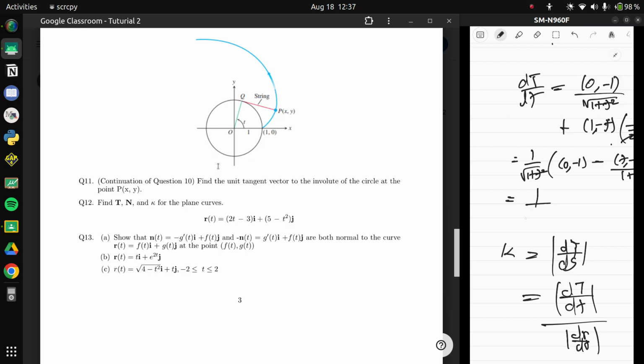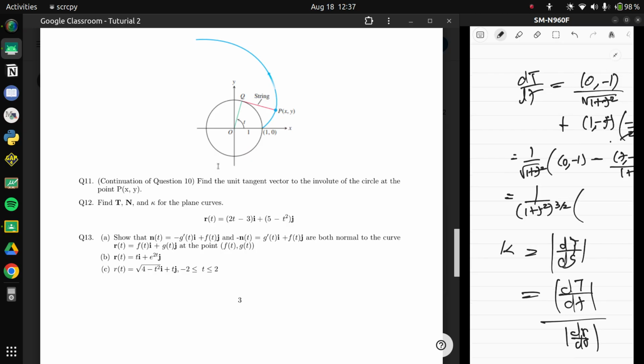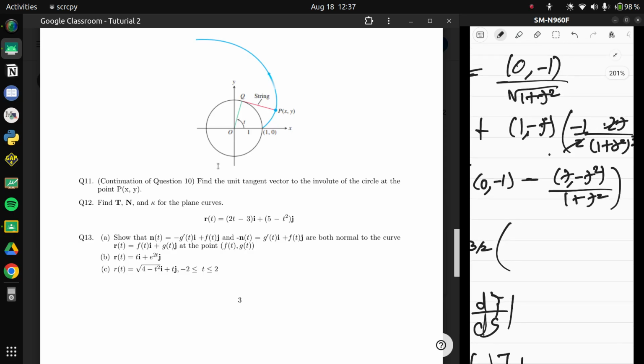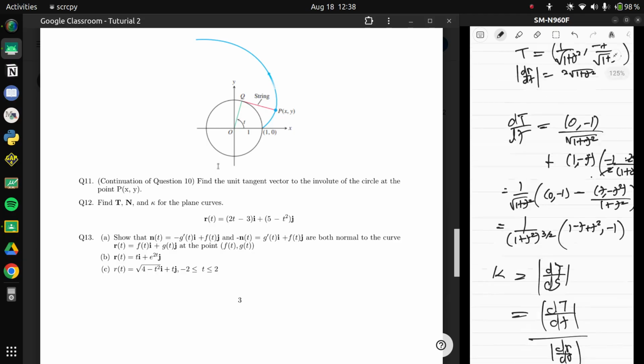Which is just something like 1 upon 1 plus t square power 3 by 2. Sure. Ooh. 1 minus t plus t square. Okay. That is going to be negative 1, isn't it? Yeah.